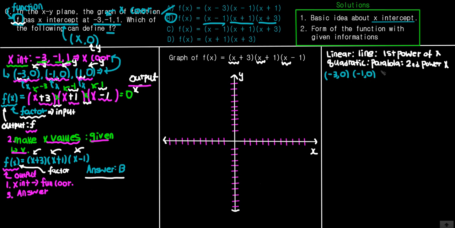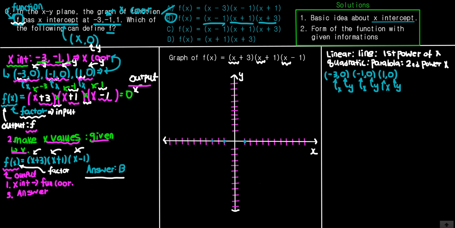We can plot these points first. For (−3, 0), the x value is −3 and the y value is 0. For (−1, 0), the x value is −1 and the y value is 0, so it is right over here. For (1, 0), the x value is 1 and the y value is 0, so if you plot it, it is right over here.